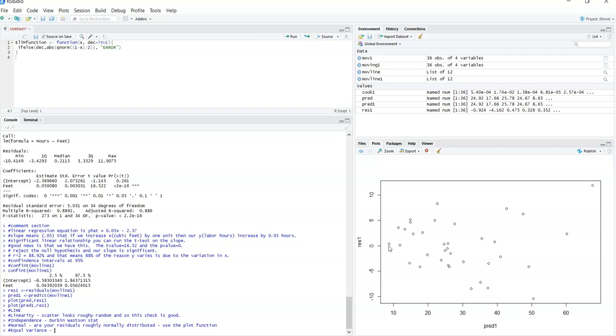We'll look at this in further videos in the future. Right now, this is pretty equally spread. The spread does not grow or decrease. So since the spread of the residuals is roughly even, we are good. So right now, linearity and equal variance are checked off the board.